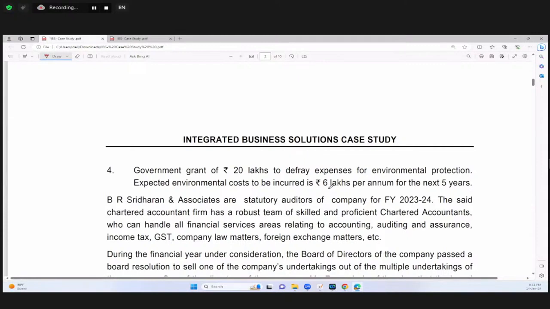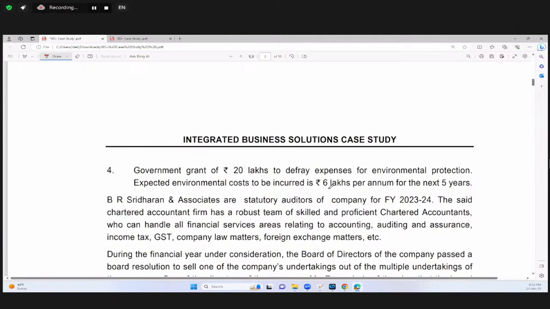First is whether the grant is received beforehand or whether the promise to receive is certain. If the promise to receive is certain, in both situations you have to do accrual accounting, and on the basis of accrual accounting, this whole 20 lakh will be considered as government grant and deferred income.